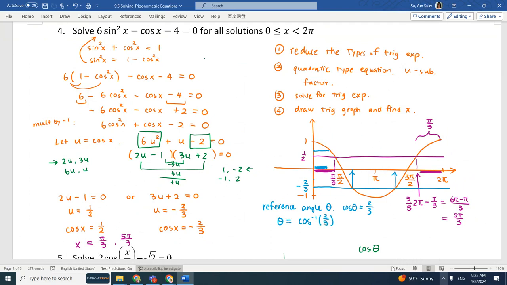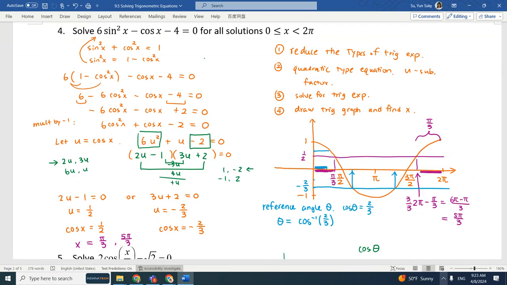We learned the inverse trig functions, and this is the place we need to use them. So theta is arc cosine 2/3. Is everybody okay with that? And we know theta will be between 0 and pi over 2, in the first quadrant. It's an acute angle.